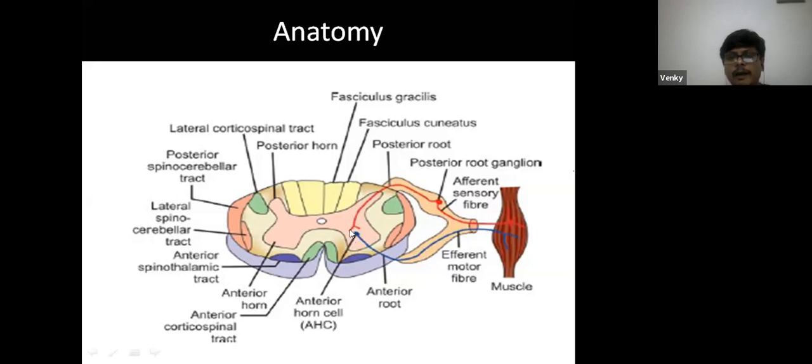From the anterior horn cell, it enters a root or radicle, then plexus, then a peripheral nerve. This is the neuromuscular junction and muscle. So from the anterior horn cell to the muscle is a lower motor neuron.